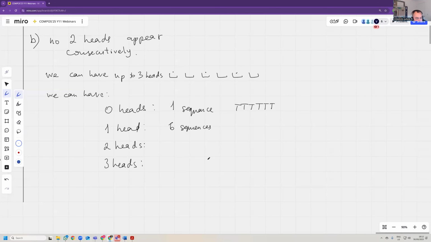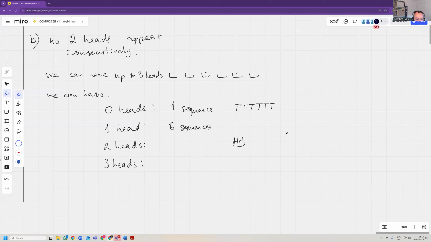It's more complicated, of course. Let's see how you can do it. You're choosing 2 out of 6, but you can't have 2 heads together. So you could count how many. We want to avoid situations like this, where 2 heads go together.